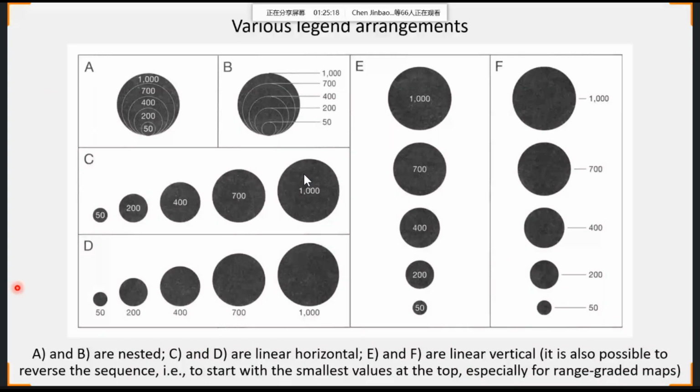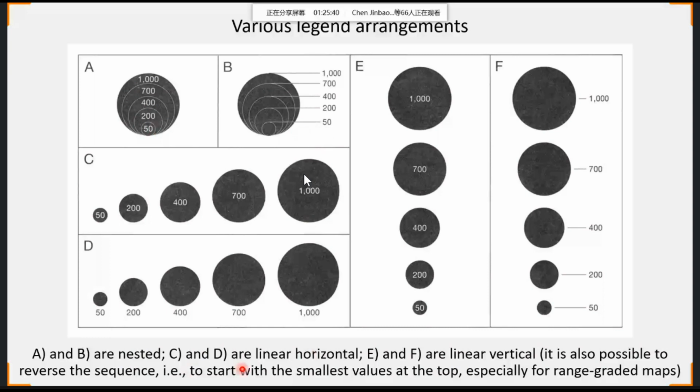Now here you see these differences. These are examples of various legend arrangements. A and B are nested versions, so the smaller ones are within larger ones. This is what is meant by nested. You can write the numbers within or outside of the symbols.